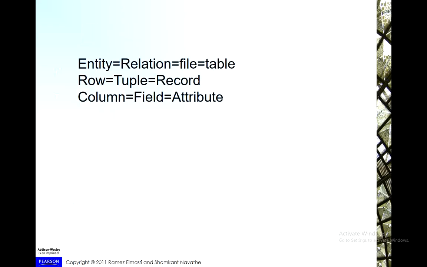In databases in general, there are some concepts that you need to understand, for example, entity. Entity is a concept that we use when we talk about the relational model methodology, which is similar to the concept of a relation or a table. In a file system, we call it a file, which contains information.